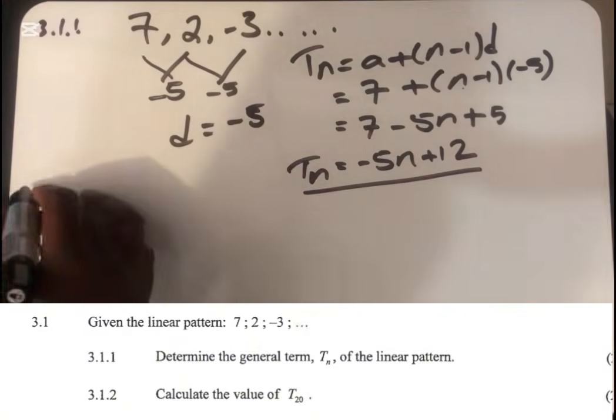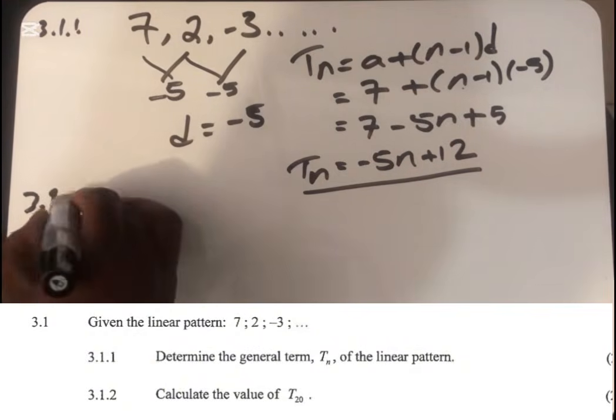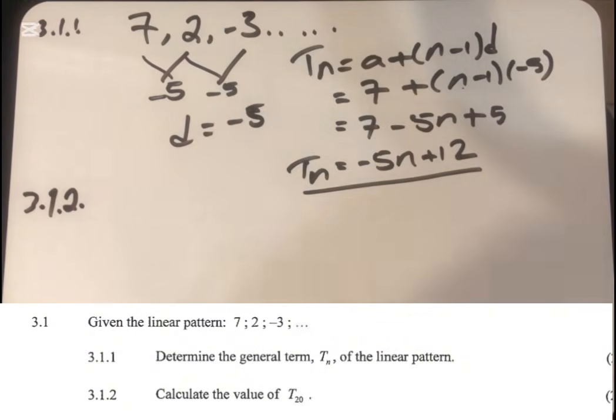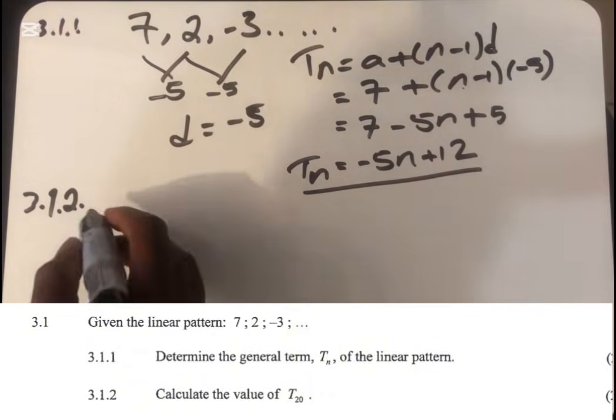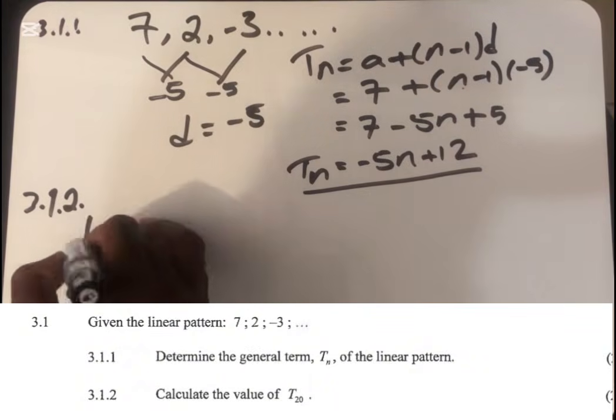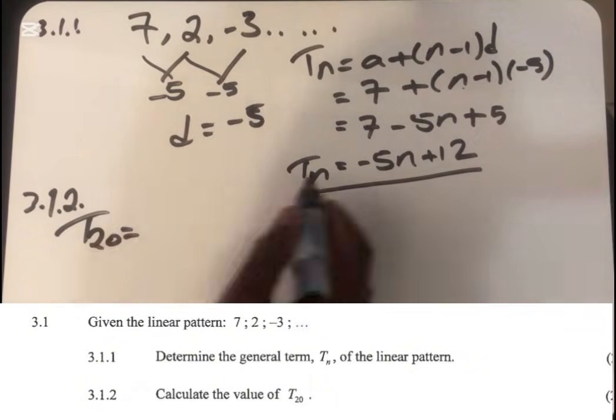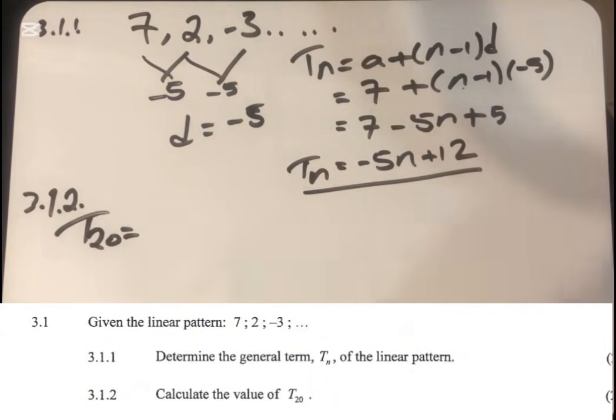Moving to the next question, which is 3.1.2. It says determine or calculate the value of T20. T20 is very simple. We go back to our Tn that we have calculated. We just replace n by 20.